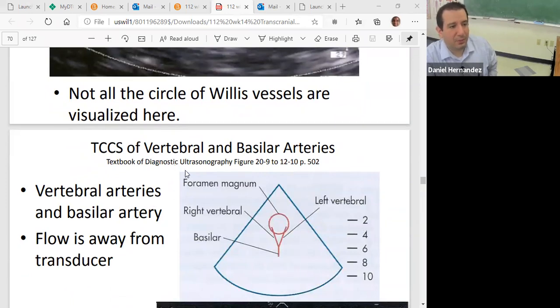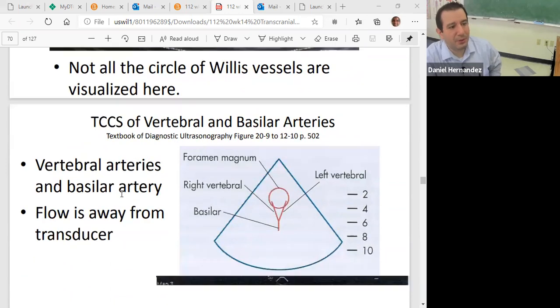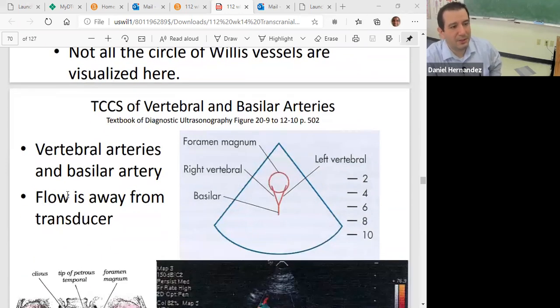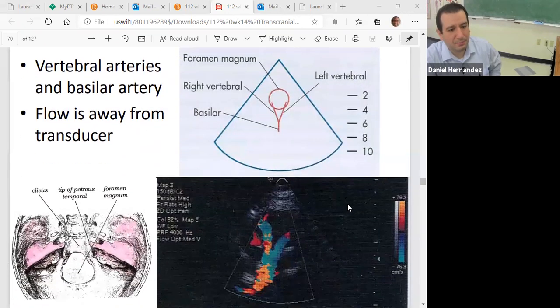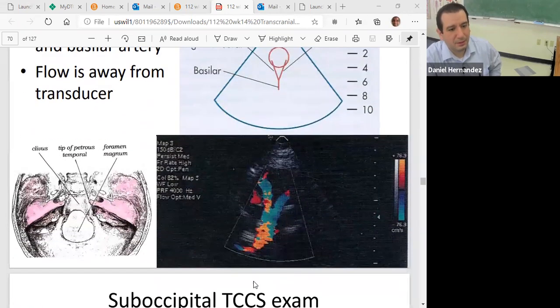And then our other window is going to be our suboccipital window to visualize the vertebral arteries and the basilar artery. So flow direction is going to be away from the transducer. If we visualize the transducer here on the back of the head, our flow direction is going away from us.